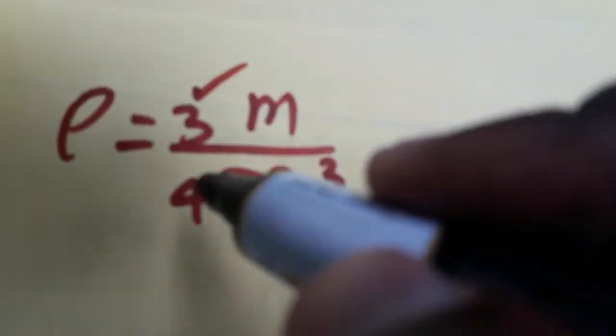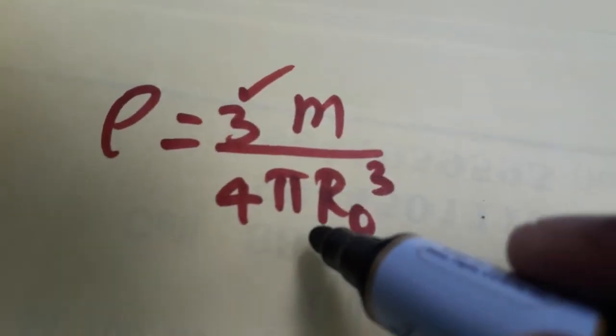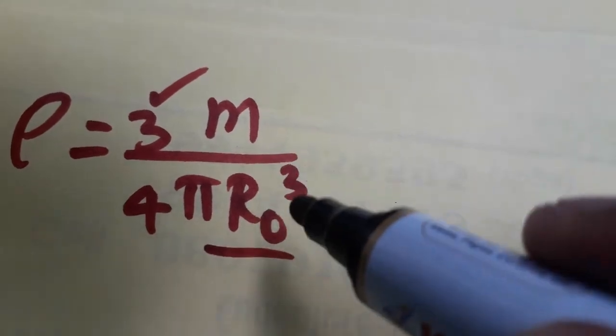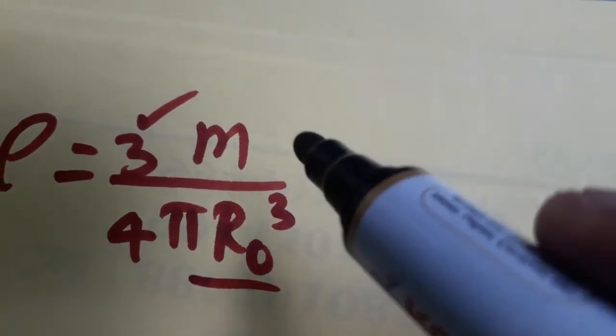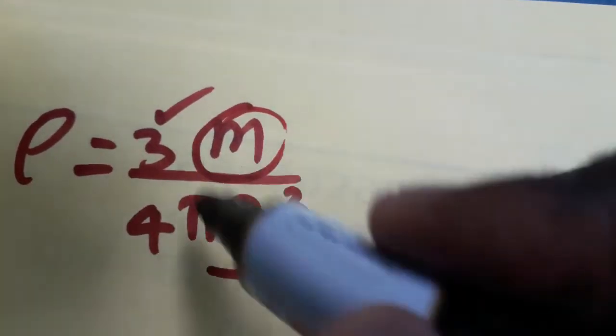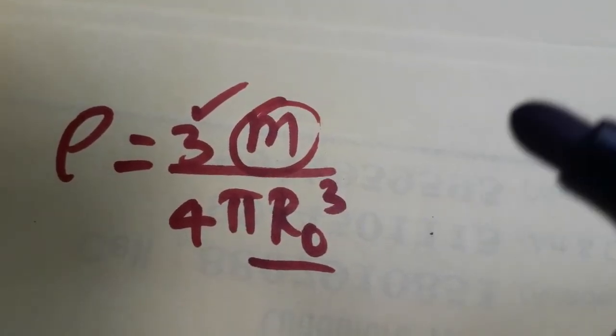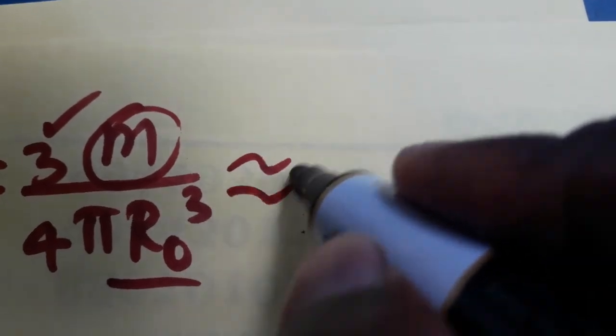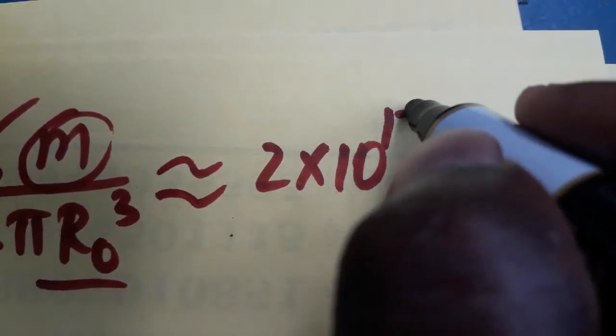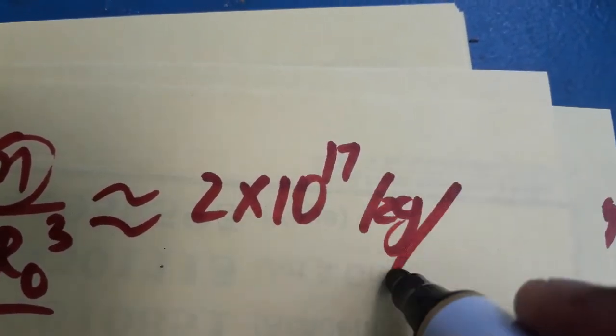Here pi is 3.14, the empirical constant r naught is 1.2 into 10 power minus 15, and m is the mass of the proton or neutron. Then we get the approximate density of the nucleus: about 2 into 10 power 17 kg per meter cube.